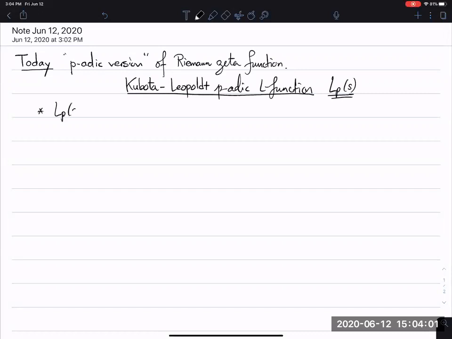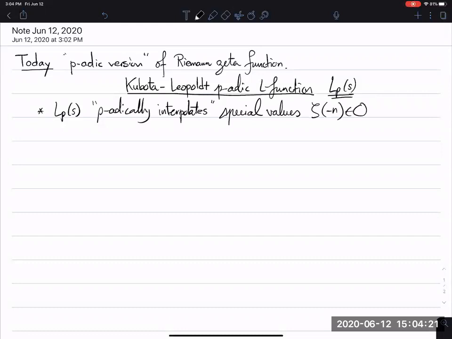The upshot is that it p-adically interpolates special values of the zeta function. In particular, the zeta function at the negative integers, which we know are rational numbers if n is odd, and if n is even, then it's 0.